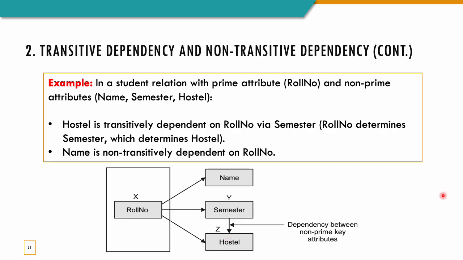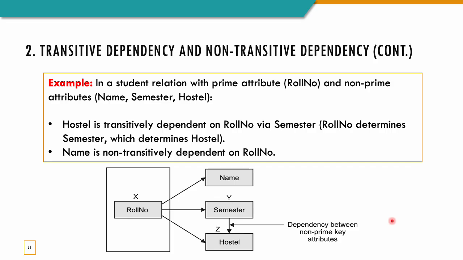Okay, so the next type is non-transitive dependency. If you remember, non-transitive dependency occurs when an attribute is directly dependent on a key attribute and not through another non-key attribute.